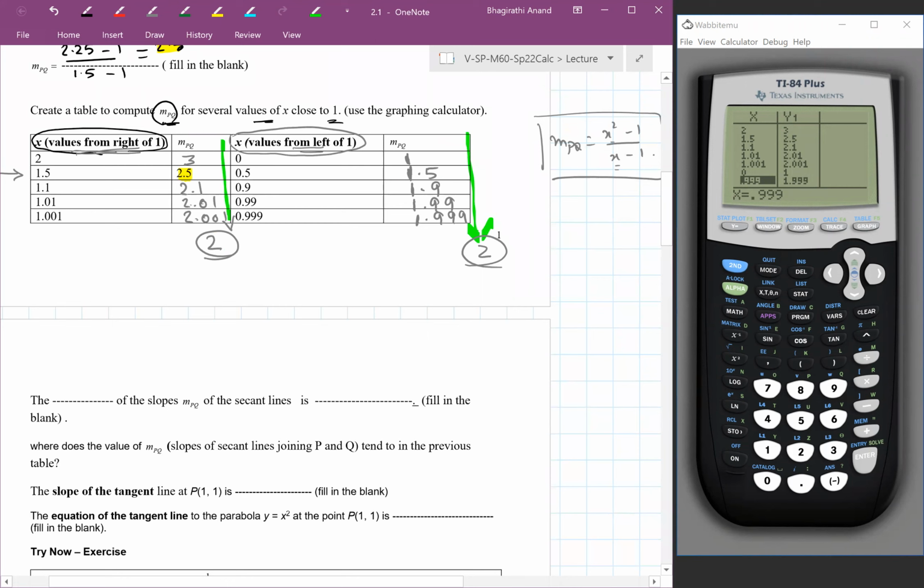In the next section, you will be learning how to do this easily without these tables. The limit of the slopes mPQ of the secant line is the slope of the tangent line, which is 2.